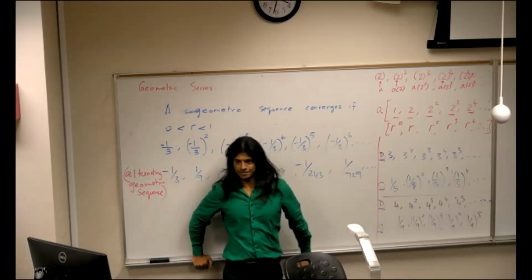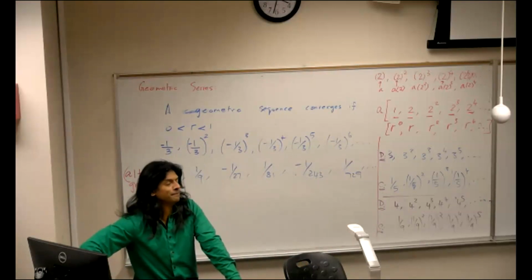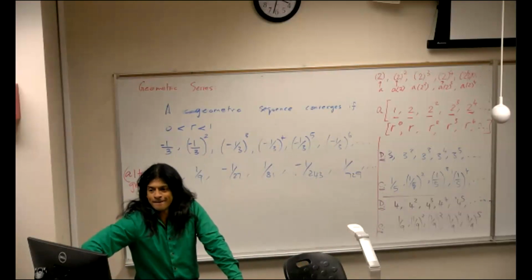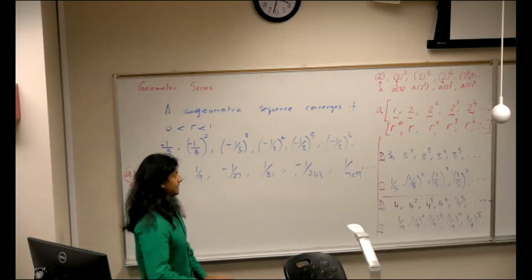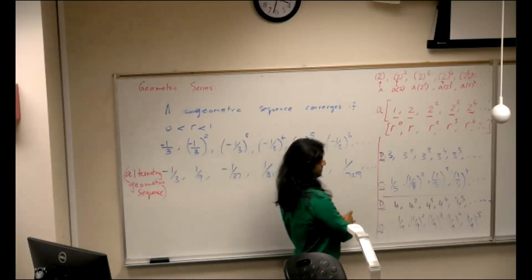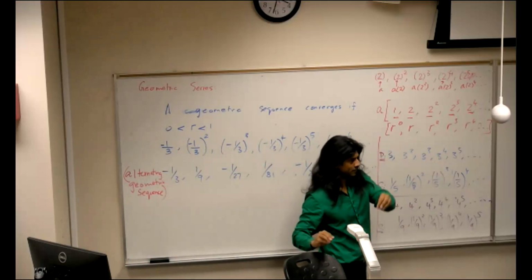Do we agree with Caleb? Michael disagrees with you, Caleb. Why? Because even if it's negative or positive, it's still closer to 0. Exactly. Whether it is negative or positive, eventually it will get smaller and smaller.